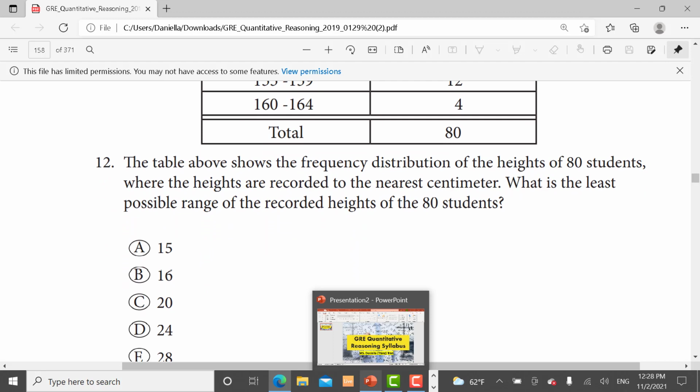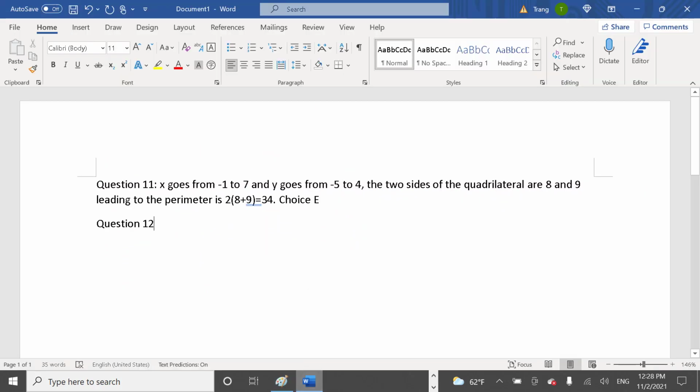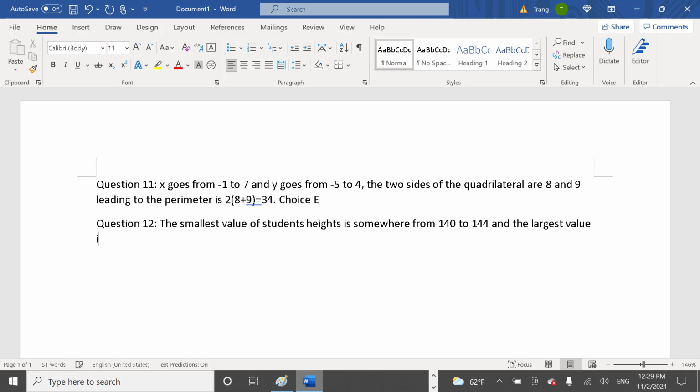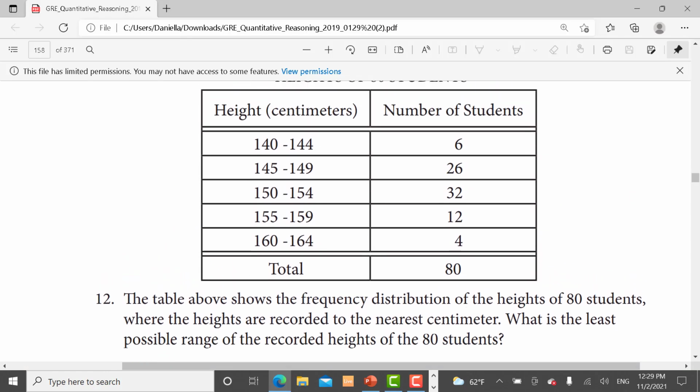So for question 12, we have the smallest value of student heights somewhere from 140 to 144, and the largest value is somewhere from, look at this again, 160 to 164.